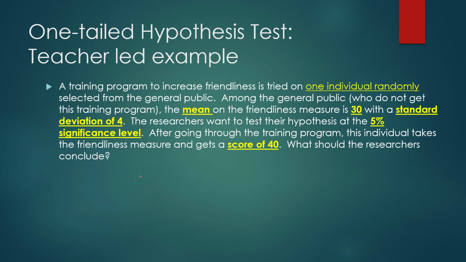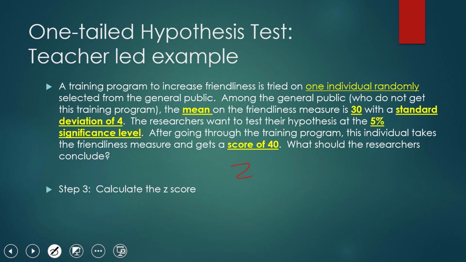So here I've highlighted some important information, and we're going to calculate the z-score. So remember, our z equals our sample mean minus the population mean over the standard error of the mean. So if we plug those numbers in, we have the mean on friendliness, our sample mean here is 40 minus our population mean, which is 30.